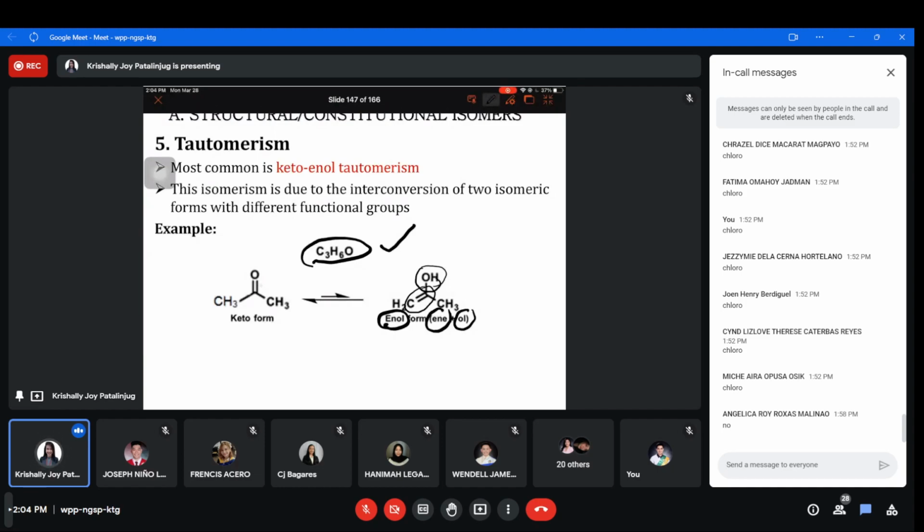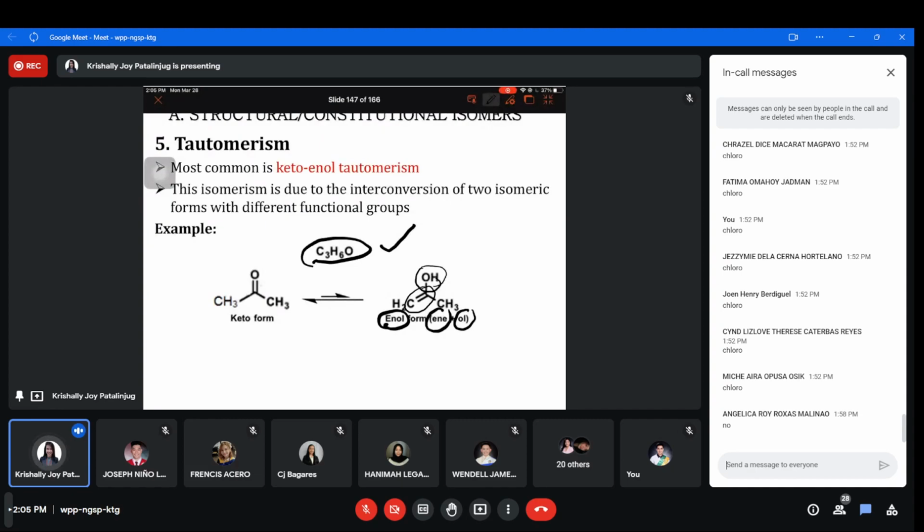O, kapag yan lang yung being presented na structure, a ketone and then an enol, same yung formula, then that is tautomerism. With regards to the interconversion of ketone to enol or enol to ketone, we will discuss that as we proceed to the reactions happening sa mga alkenes. Madadiscuss natin yan sa alkenes reactivity. For now, just know na tautomerism or tautomers with each other, itong being presented na halimbawa.